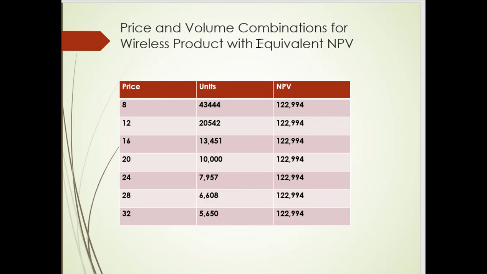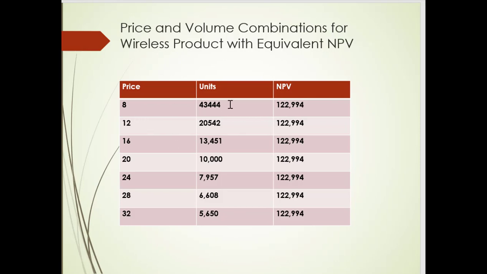This is actually done pretty easily with the Solver function or with What-If Analysis in Excel, where you set the price, set the net present value, and then ask it to solve for the units to get that. So what we can see here is that, based on the sales price, the units we need just to get to the average net present value declines.